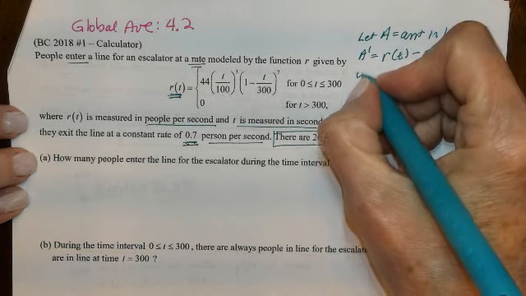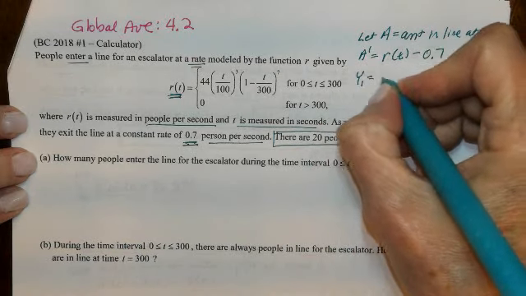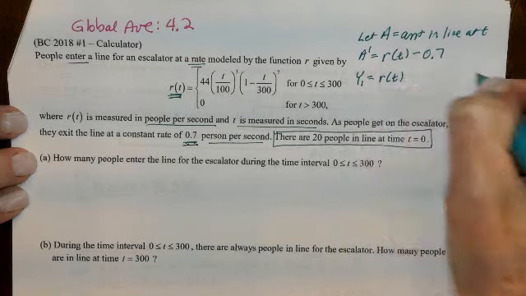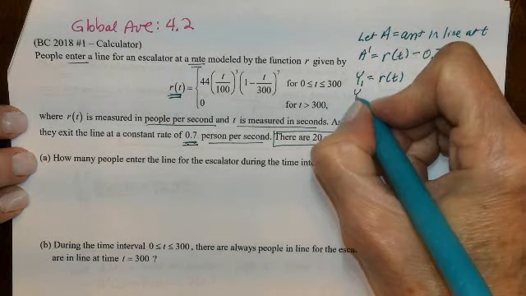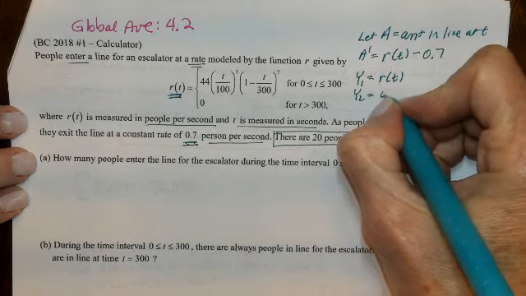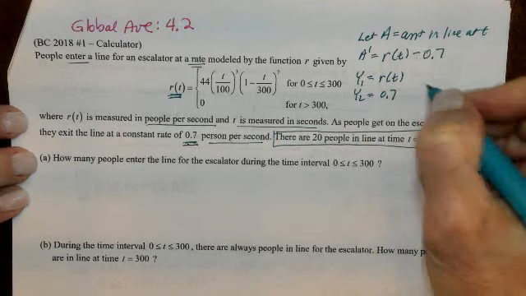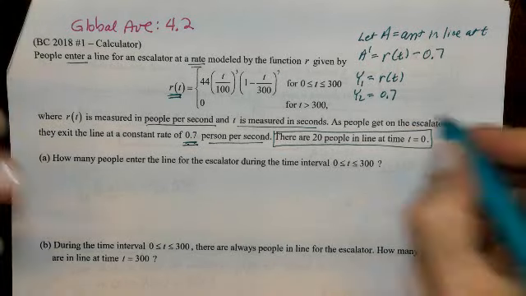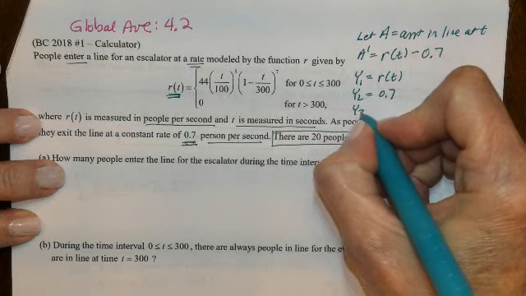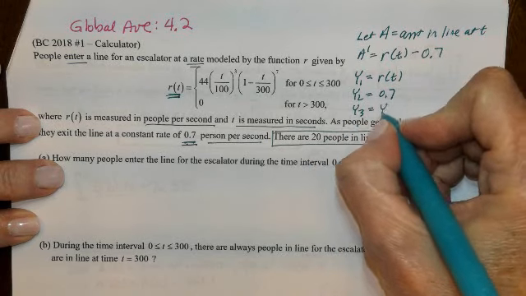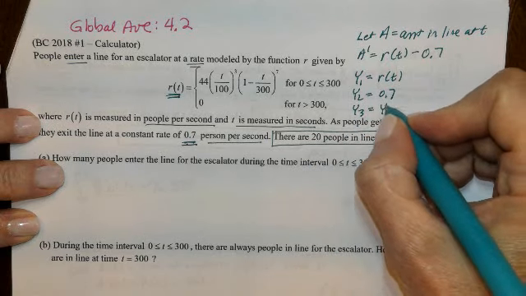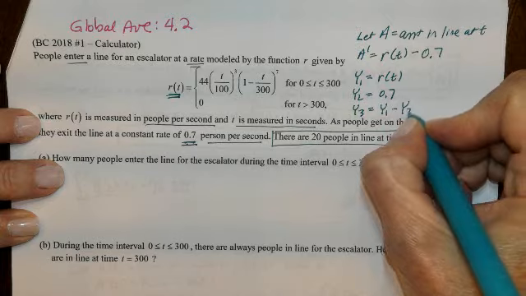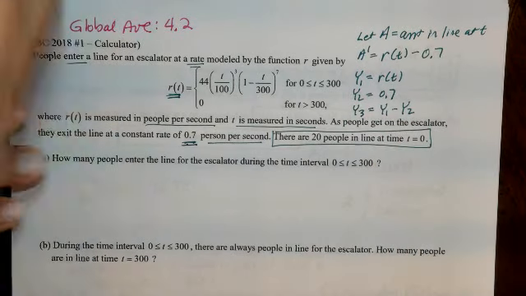So in for y1, I'm going to put my expression for r, that's my rate in. In for y2, I'm going to put 0.7, that's my rate out. I don't really have to do the 0.7 for y2 because it's just 0.7, but I'm still going to do it. And then in for y3, I'm going to put my rate in minus my rate out. So let's go do that.